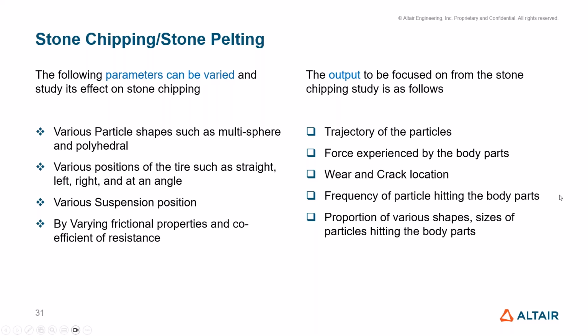Also the force experienced by the body parts, wear and crack location, the frequency of particles hitting the body parts, and the proportion of various sizes and shapes of the particles hitting the body parts. These are the key outcomes we can focus on from the stone chipping simulation.